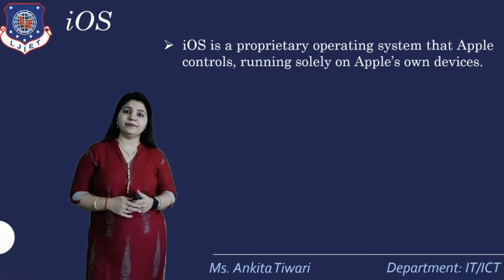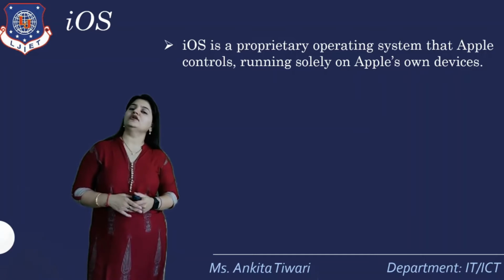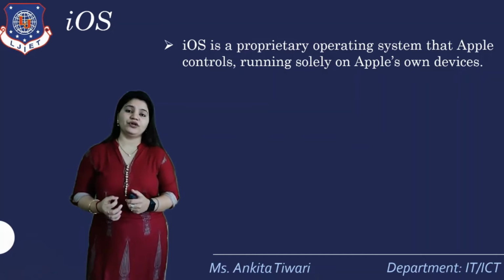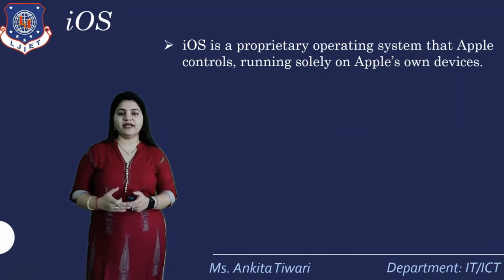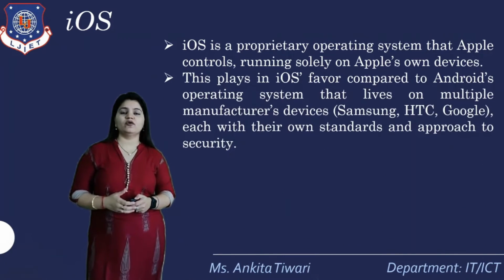iOS is a proprietary operating system that Apple controls. In Apple phones we are using that operating system, which runs basically on Apple-owned devices, because it is run by Apple and runs on Apple's own devices.